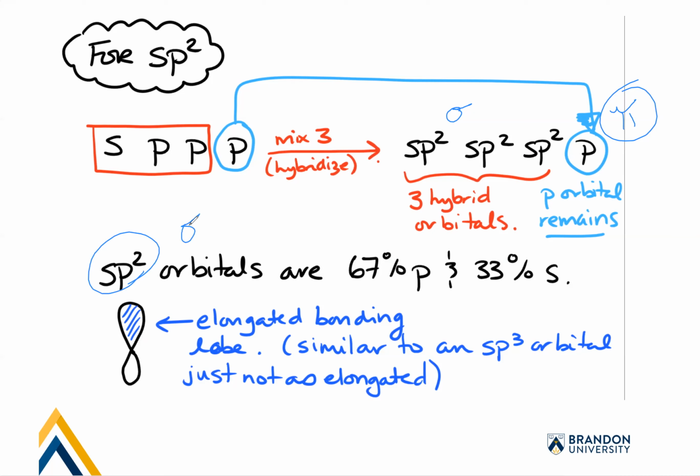So if you've got 1, 2, 3 sigma bonds, and they are trying to get as far away from each other as possible, the geometry of that system will be, anybody? Trigonal planar. Right, great, wonderful.